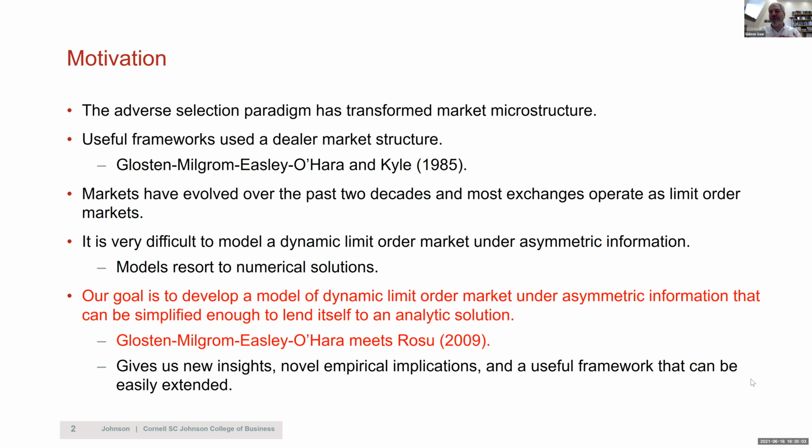So we take a very familiar information framework from the traditional sequential trade model, and we change it with the limit order markets that we like. Hopefully that gives us new insights, new empirical implications that I will talk about, and we hope also a useful framework that others can use and start extending in many ways. So that's our goal.